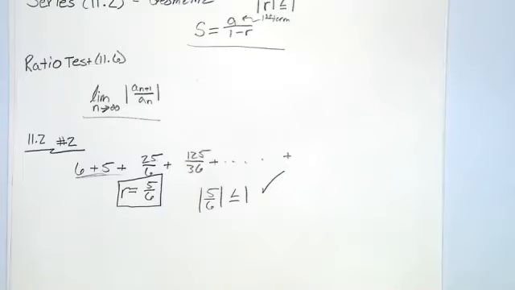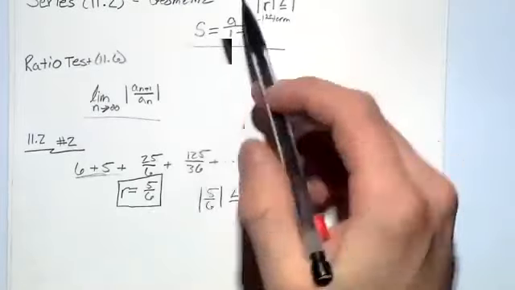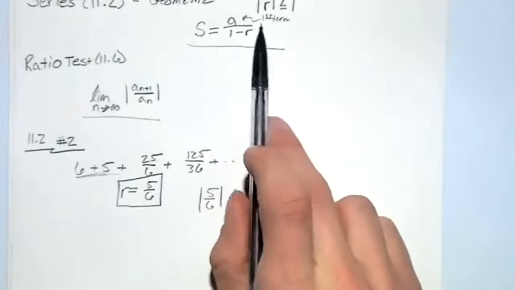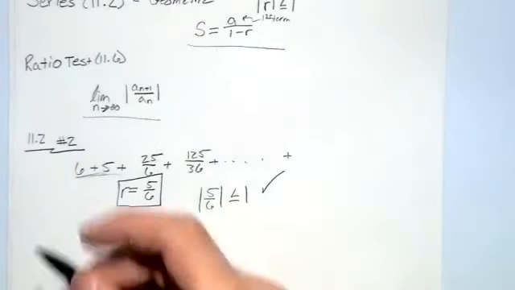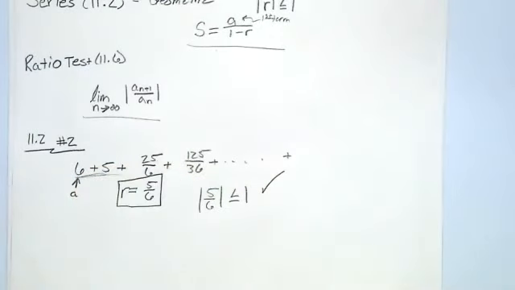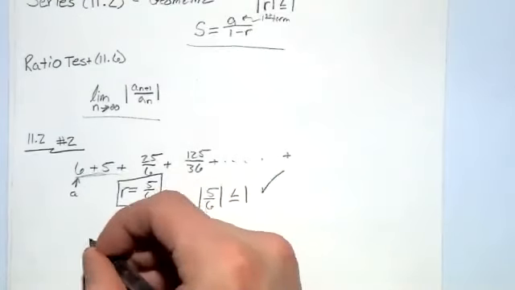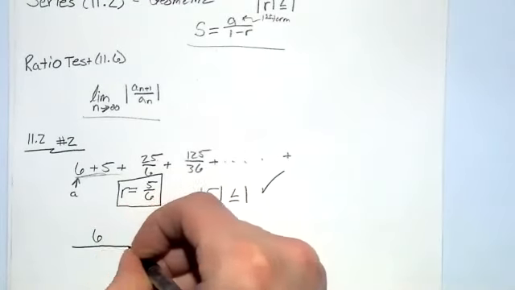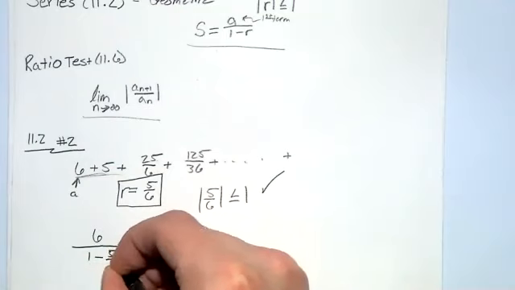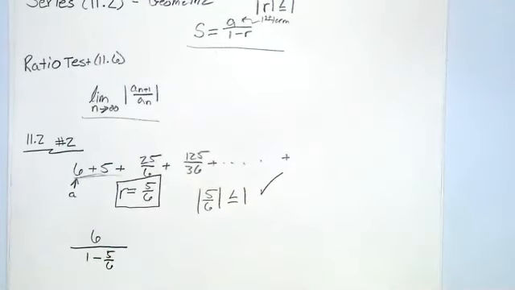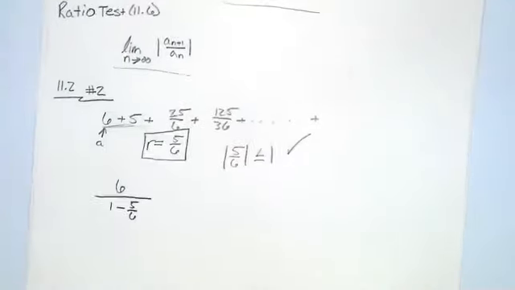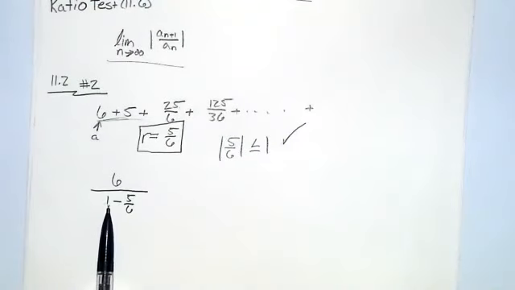To find its sum, we're going to use this S formula right above here, where a is our first term. In this case, 6 becomes a, and our ratio is 5/6. So we have 6 over 1 minus 5/6. To solve this, we can rewrite the 1 as 6 over 6.